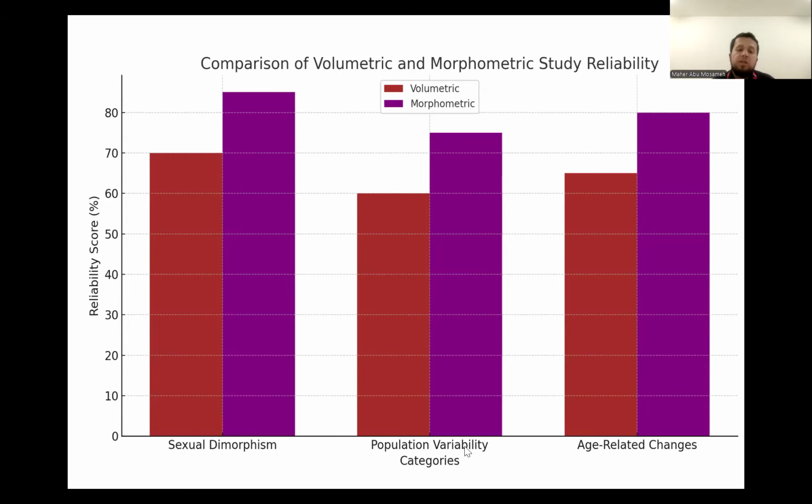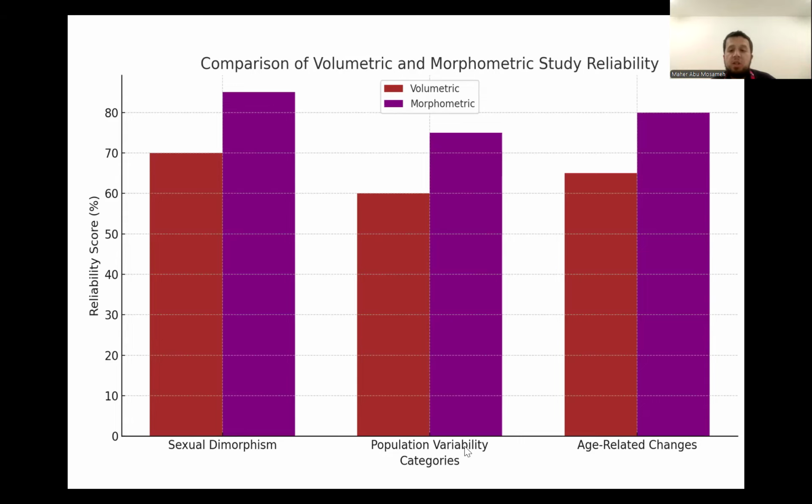With regards to population variability, morphometric analysis also again score higher than volumetric analysis. And this could indicate that the population-specific shape differences are more effectively captured with the morphometric methods, which focus on spatial landmarks rather than the volume size.